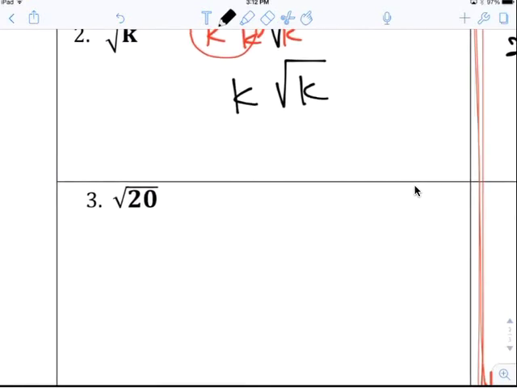Square root of 20 is different because you get 4. You need to do a factor tree. 2 times 2, and you can't go any further with 5.